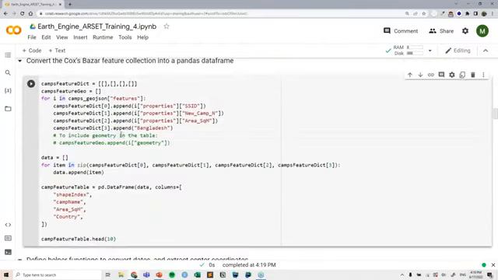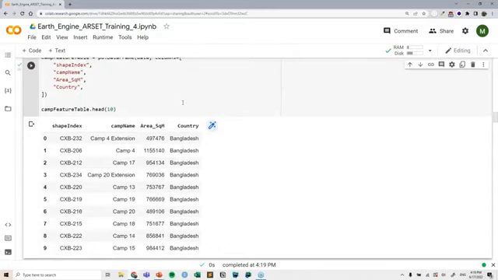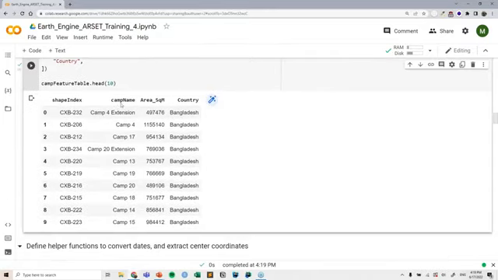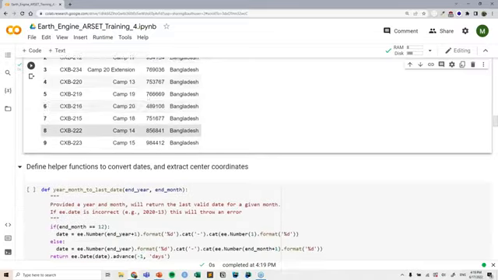So now that we have Cox's Bazar exported out into the Python environment, essentially as the GeoJSON, we can then transform that into a pandas data frame. So as you can see here, here's the sub-camps, or the camps of the Cox's Bazar complex. And we have just the first 10 here. So these are various camp names and their actual indices and their area.